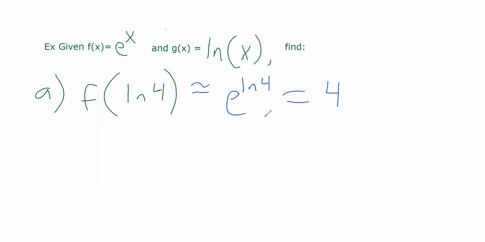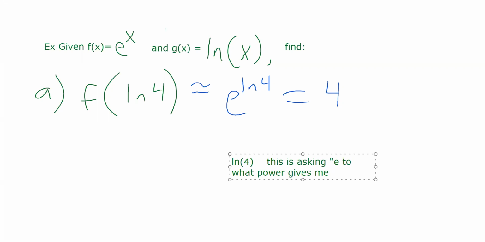But wait a minute, there's actually good reason for that. Let's zoom way in here. Think about what ln of 4 is asking. This is asking e to what power gives me 4. That's what it means whenever it says, what's the ln of 4?